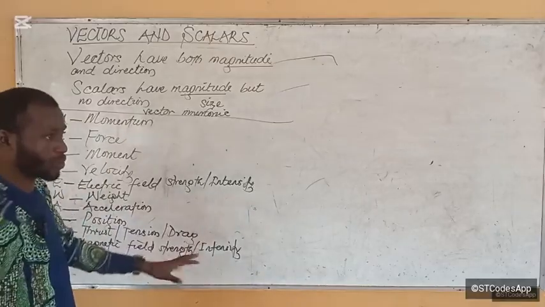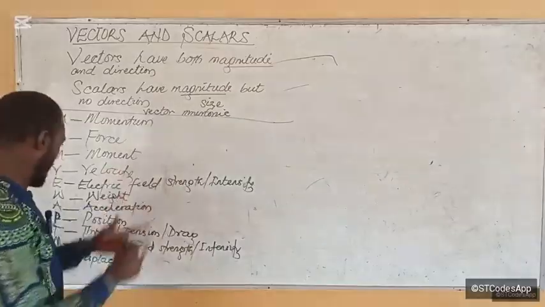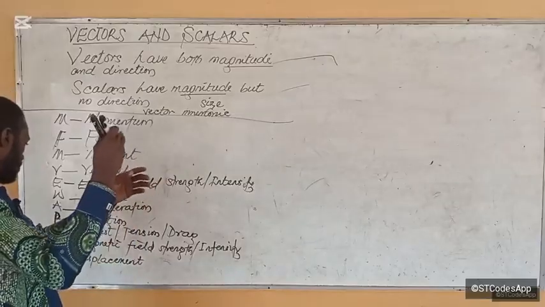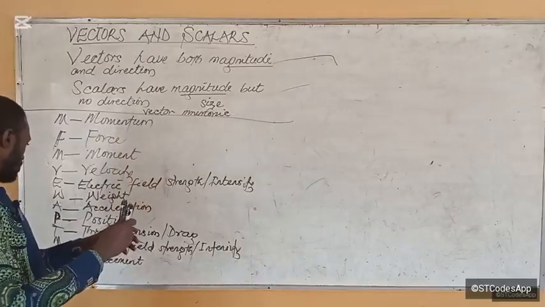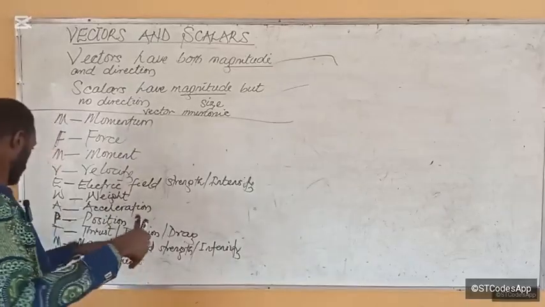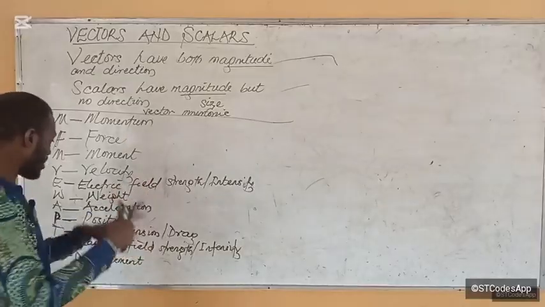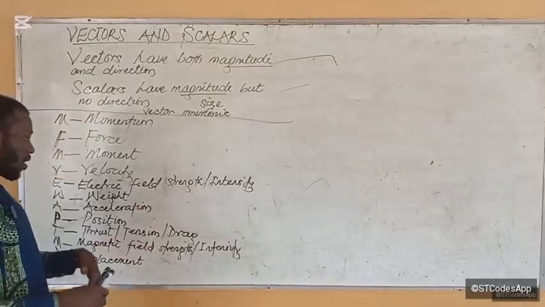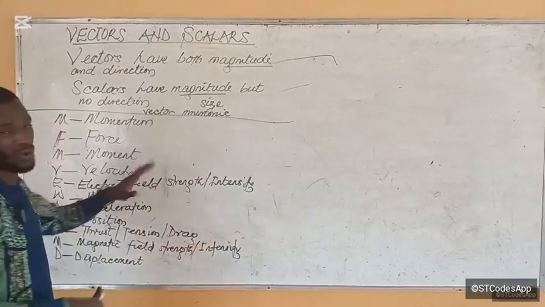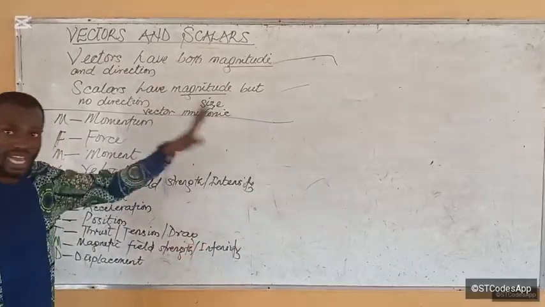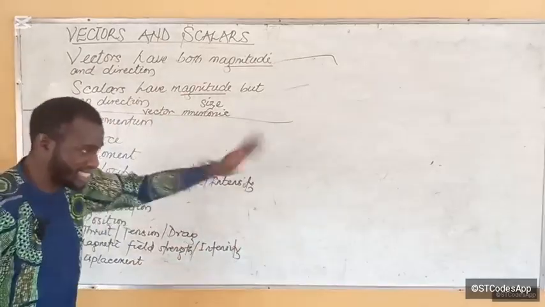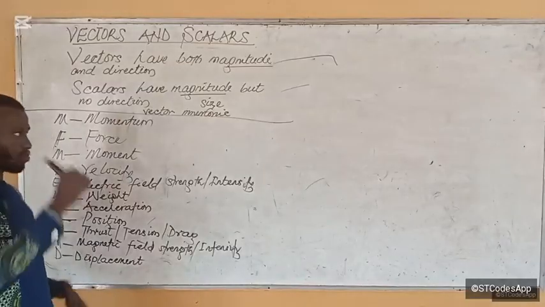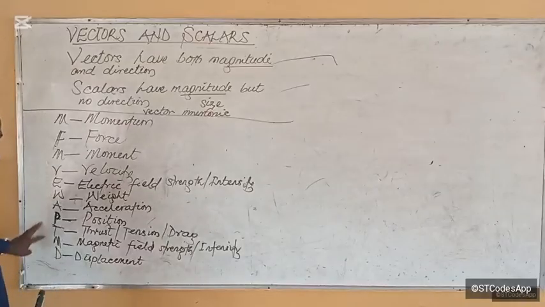Now every other one that comes, pressure, area, length, work done, power, impulse, electric field flux, magnetic flux, all those, they are going to be scalars. Mass is also a scalar, etc. But these ones here are the vectors that you mostly need: MFM, VWAP, TMD.